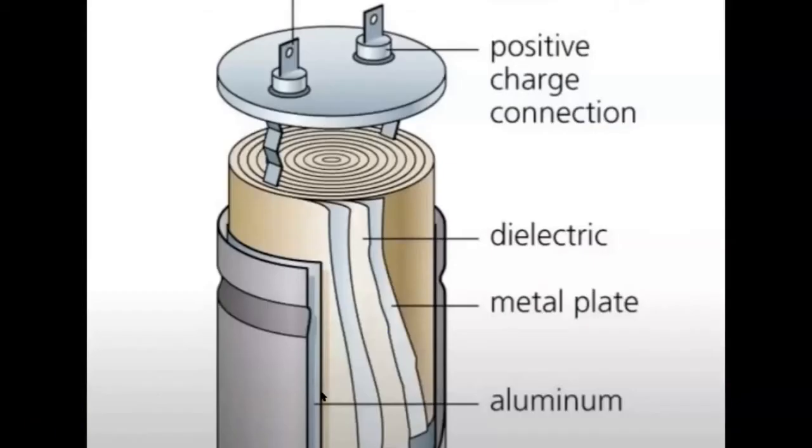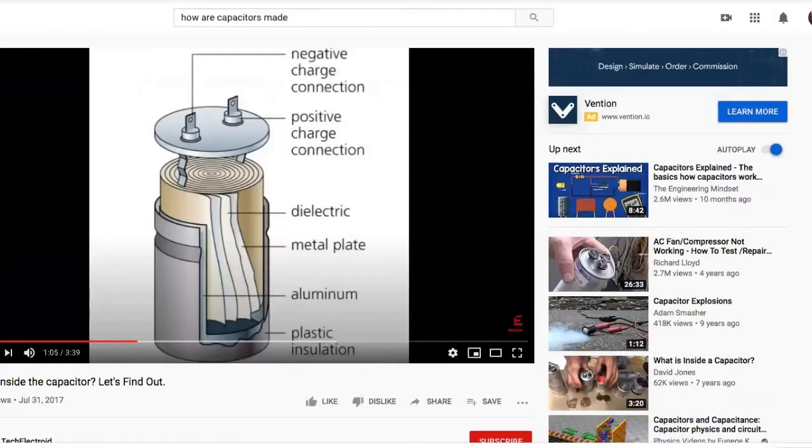So you see how that's basically a bunch of parallel plates. You're taking a plate, dielectric, plate, dielectric, plate, dielectric, but then you're just rolling them up. I'm going to draw that here.